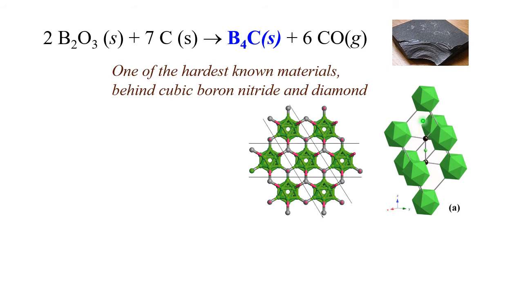The structure is very interesting. They are icosahedral units of boron, and then some of them contain a carbon atom, and then there are carbon atoms and boron atoms connecting these units. It's a very complex and beautiful structure. There are several different boron carbides with slightly different composition.